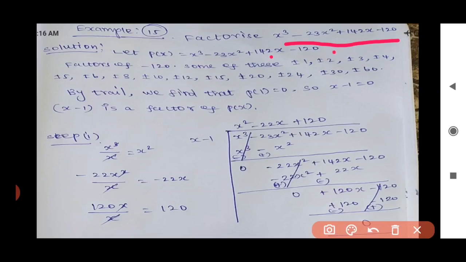So factors of minus 120 are plus or minus 1, plus or minus 2, plus or minus 3, plus or minus 4, plus or minus 5, plus or minus 6, plus or minus 8, plus or minus 10, plus or minus 12, plus or minus 15, plus or minus 20, plus or minus 24, plus or minus 30, and plus or minus 16.